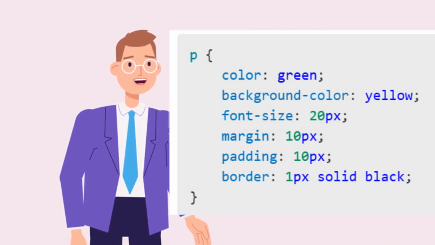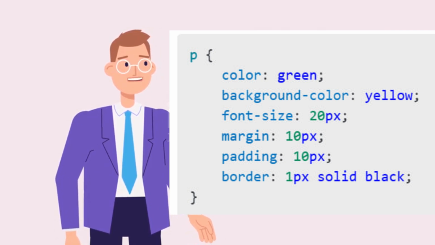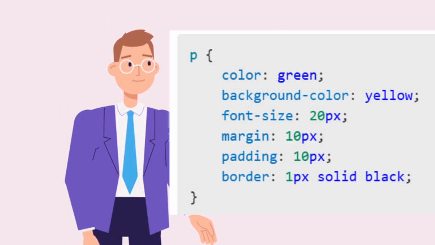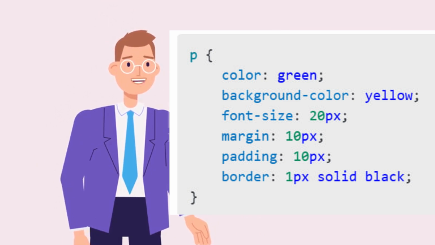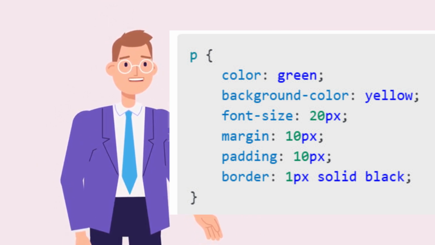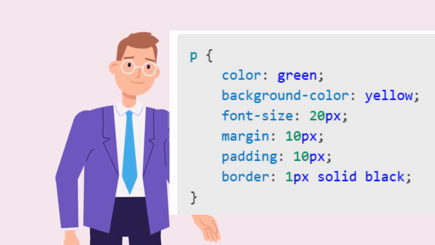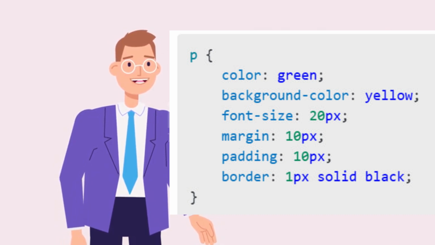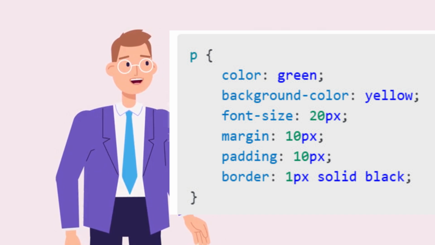Example, font-size: 20px. Margin: adds space outside an element. Example, margin: 10px. Padding: adds space inside an element. Example, padding: 10px. Border: adds a border around an element. Example, border: 1px solid black.